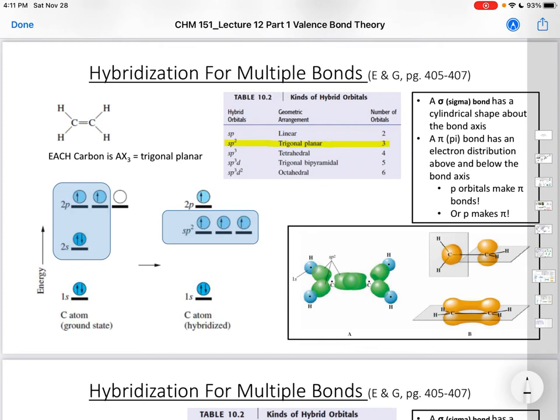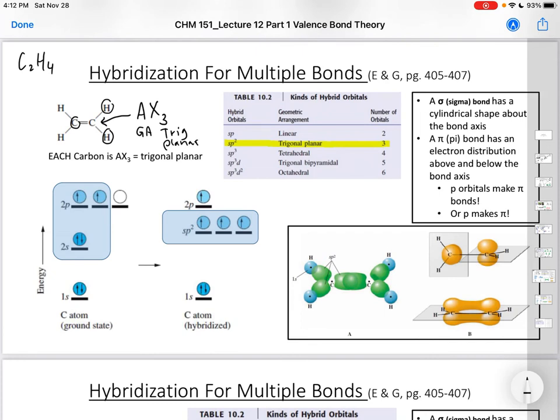So let's look at this example here of C2H4, okay? The Lewis dot structure is as drawn here with a double bond in between, okay? Now, if we're looking at this carbon here, it would be AX3 because there are 3 atoms attached, okay? So AX3 would be trigonal planar, or the geometric arrangement would be trigonal planar.